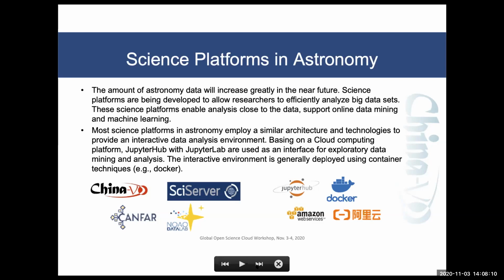Most science platforms in astronomy employ a similar architecture and technologies to provide interactive data analysis environments. For example, a cloud computing platform, JupyterHub, and JupyterLab as the interface for exploratory data mining and analysis. And we also use container techniques for the interactive environments. In the following, I will give you several examples.